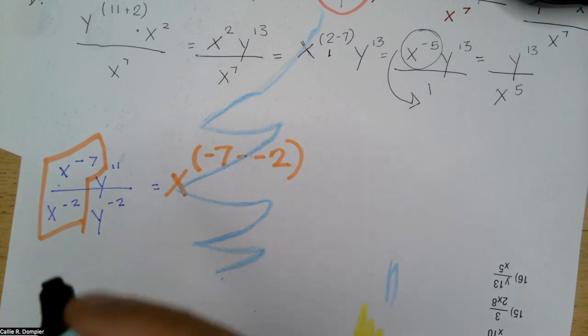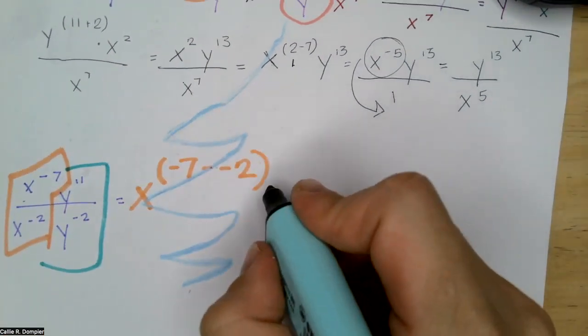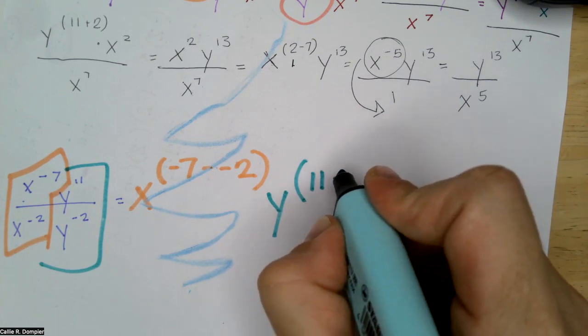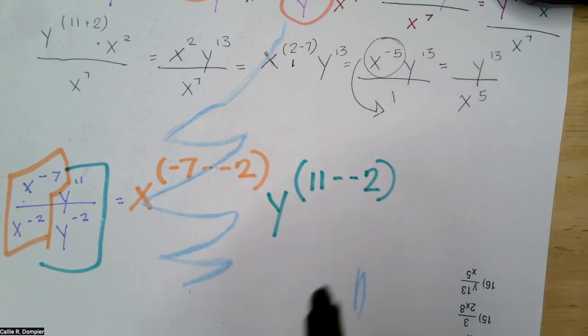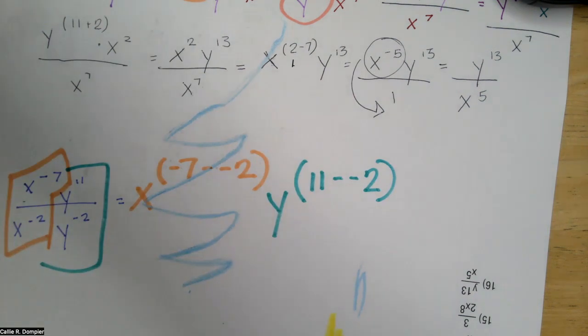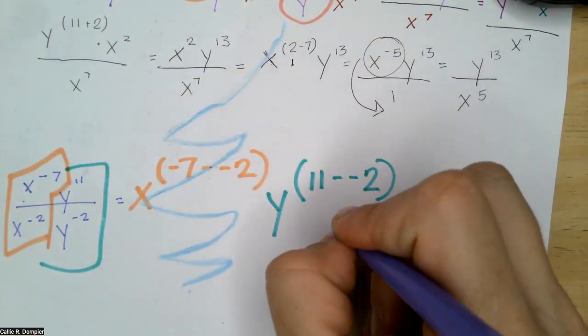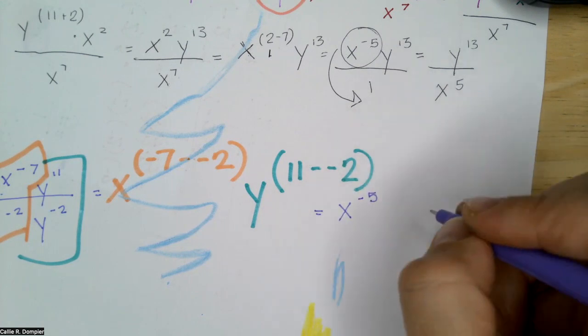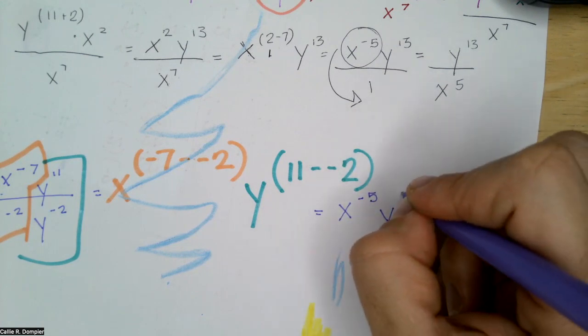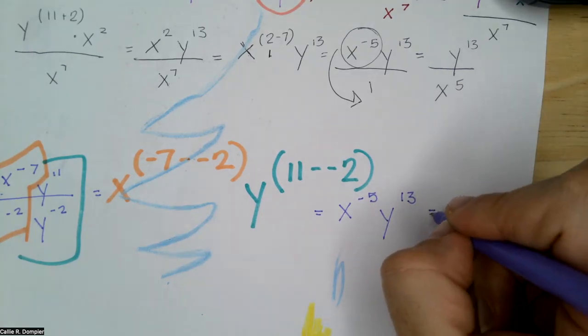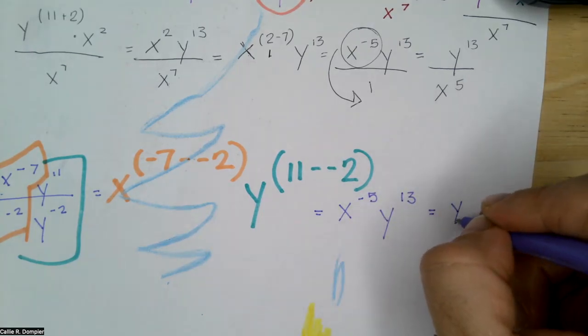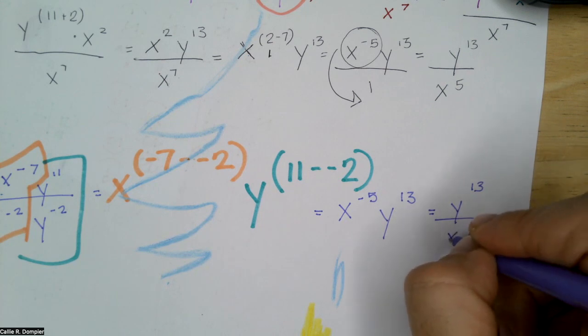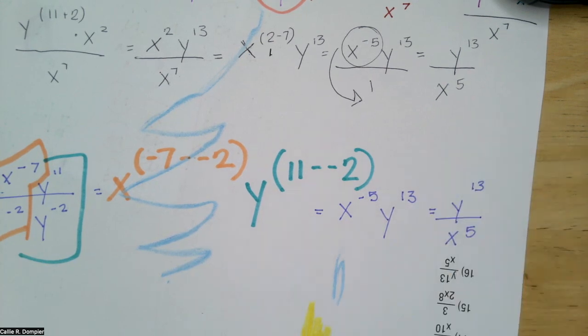And then this is y to the 11th minus negative 2. And that becomes x to the power of negative 5, y to the power of 13. We move that x down and we get y to the power of 13 over x to the power of 5. So there is more than one way to do it. Those are 2 ways to do it. Thanks guys. Have a good day.